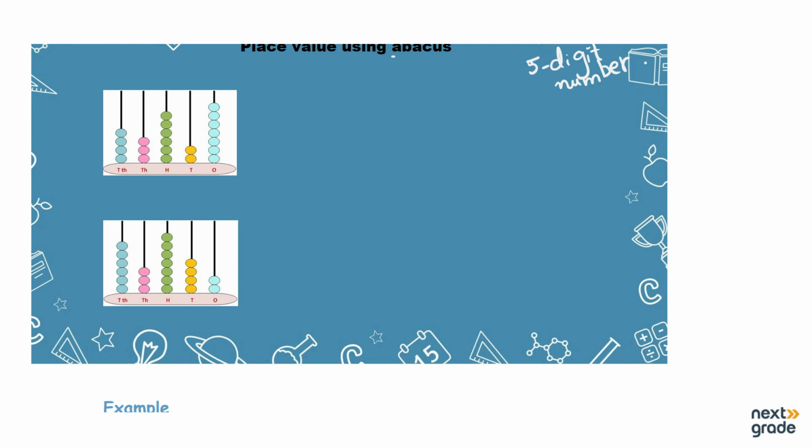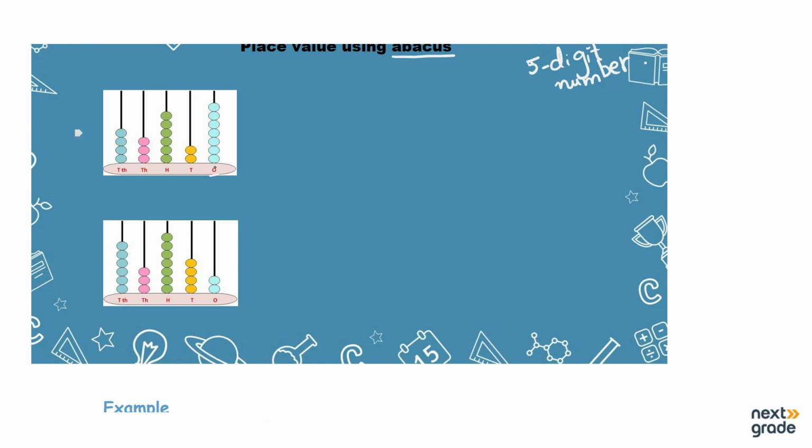An abacus is actually a very old device that was used to perform calculations in the past. For place values, the abacus becomes very helpful in order to identify the places of different values, and then we are going to write and guess the number on the basis of these place values.